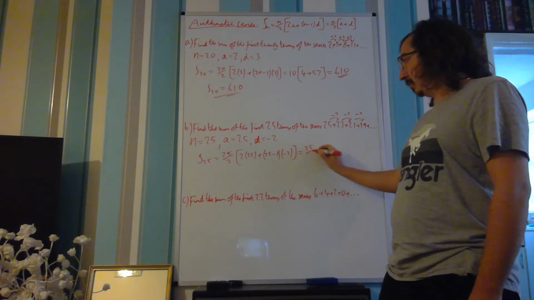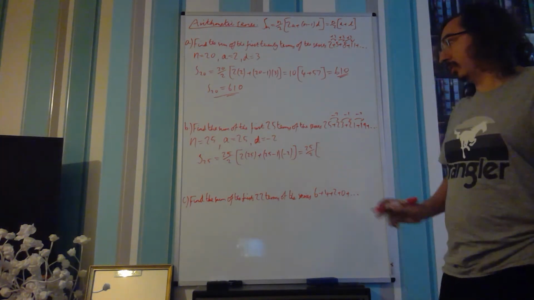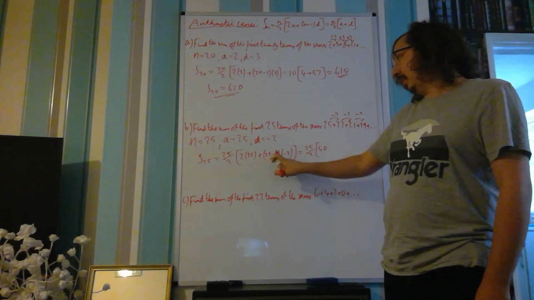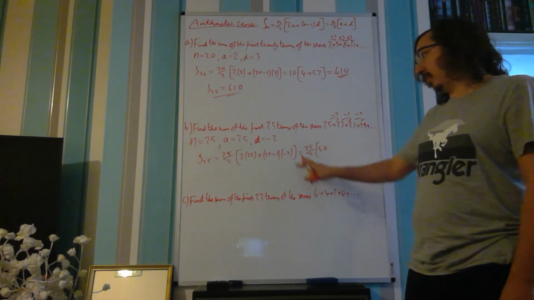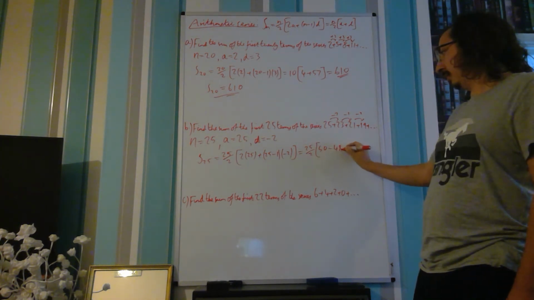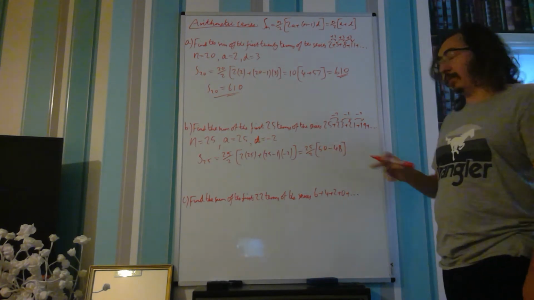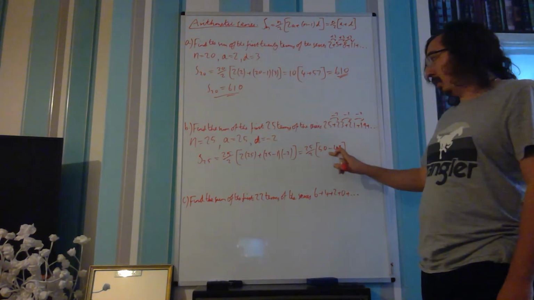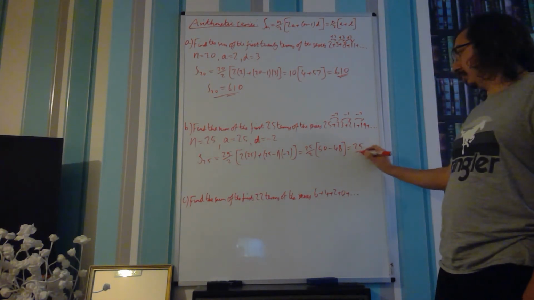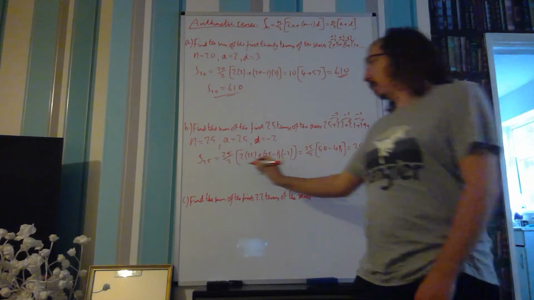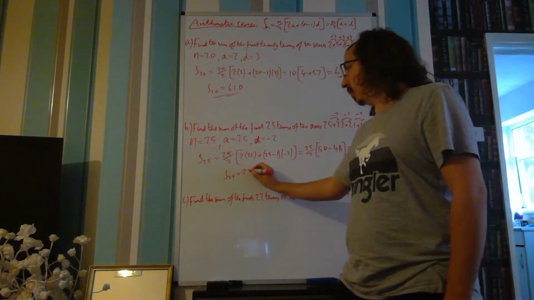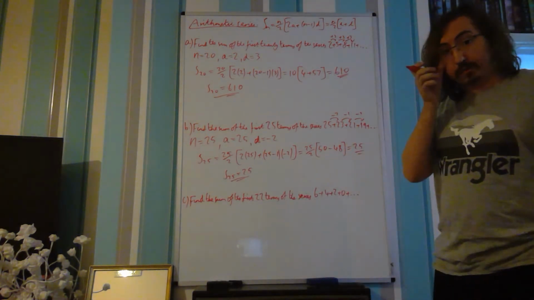So simplify this a little bit, you've got 25 over 2, or 12.5, times 2 times 25 is 50. 25 minus 1 is 24, times that by minus 2 is minus 48. So you have 50 minus 48, which is 2, times 25 over 2, which just gets you back to 25. So the sum of the first 25 terms is equal to 25.